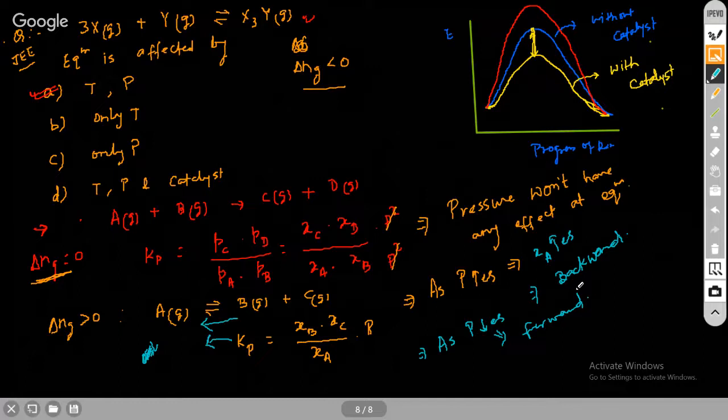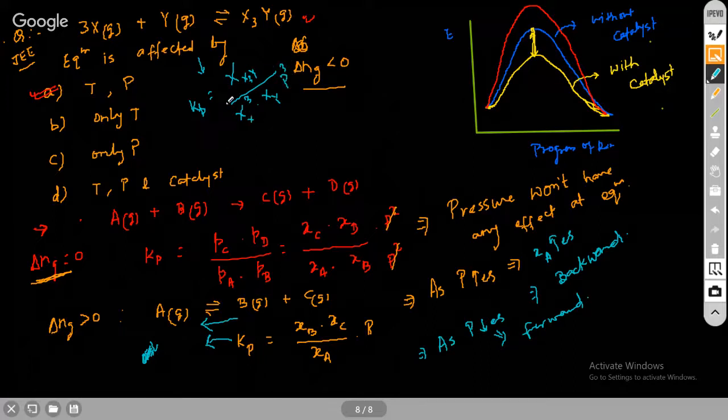One more case, the last one, which is del Ng less than 0. For this reaction, if I write down the Kp expression, that will be the mole fraction of the product x3y divided by mole fraction of x cube into mole fraction of y, divided by P cube into P to the 4, and P over here we have P cube, right?